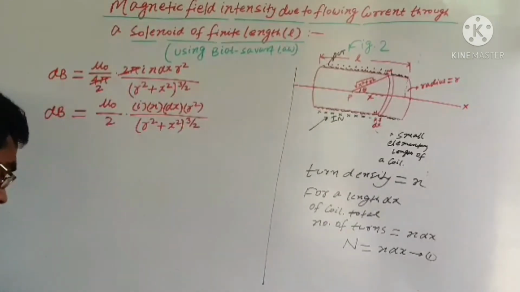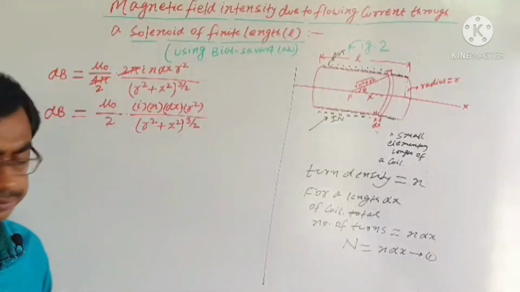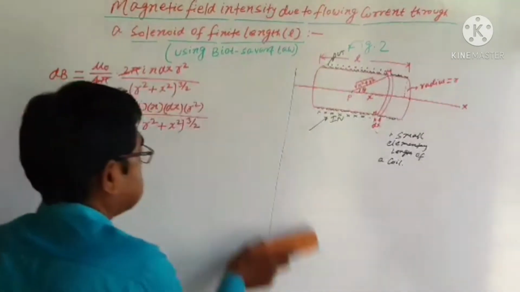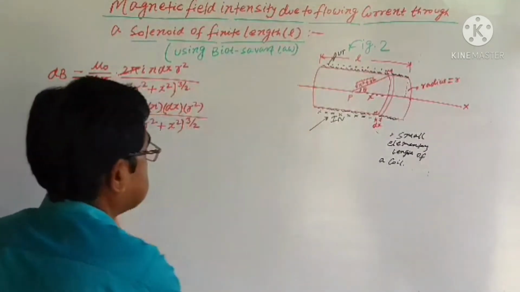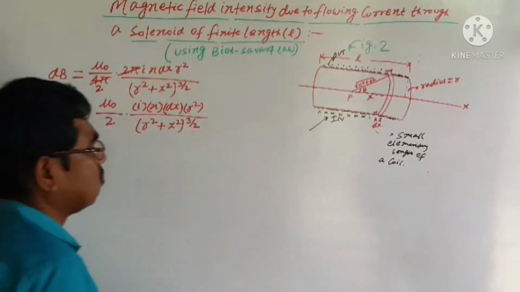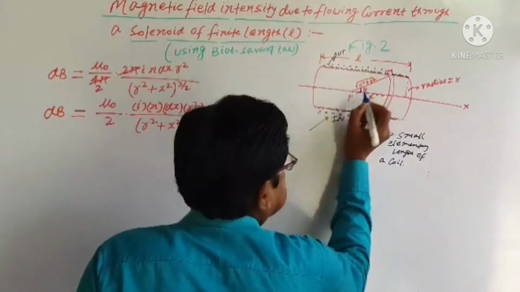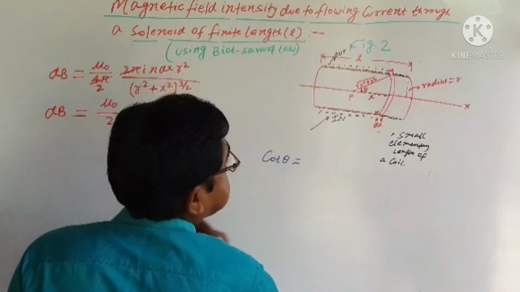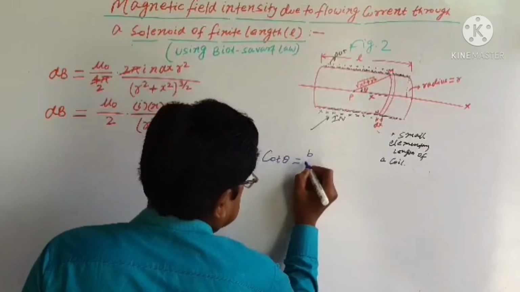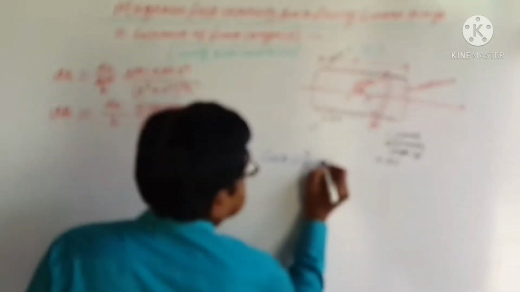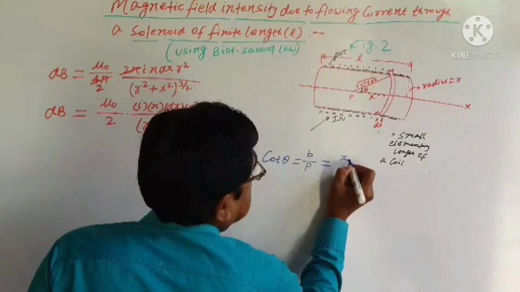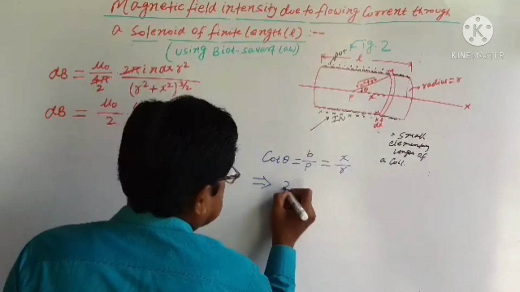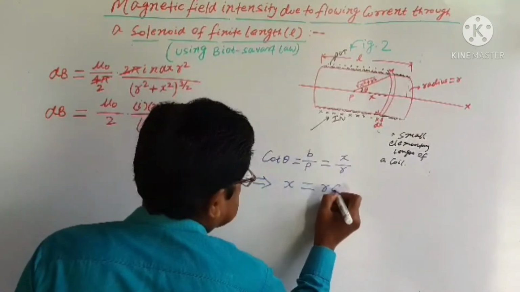Now, if this angle is theta, so cot theta is equal to base by perpendicular, which is x upon r. So, x is equal to r cot theta.